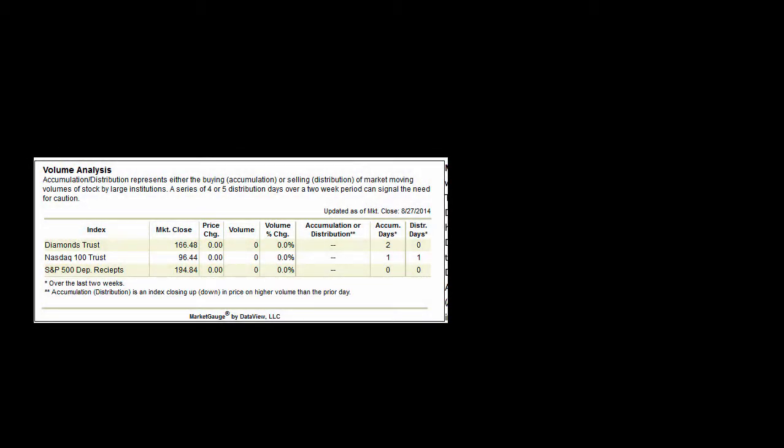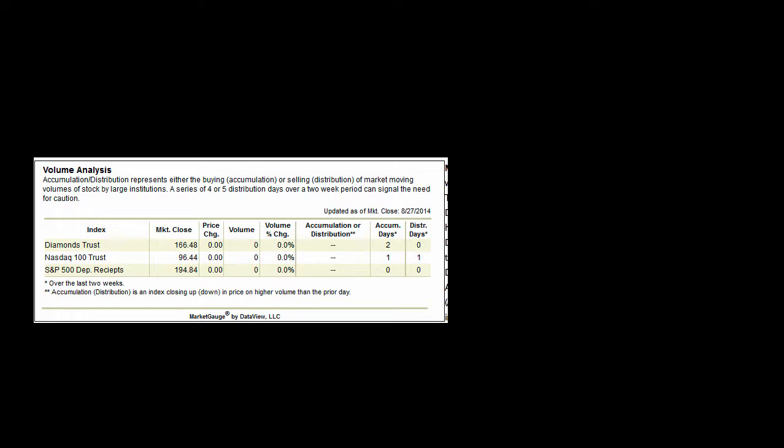Market Gauge Volume Analysis. In this week's volume analysis, the Nasdaq 100 Trust ended in neither accumulation nor distribution mode. In the last 2 weeks, it had 1 accumulation day and 1 distribution day. Of the other indexes, both the Diamonds Trust and the S&P 500 Deposit Receipts ended in neither accumulation nor distribution mode.